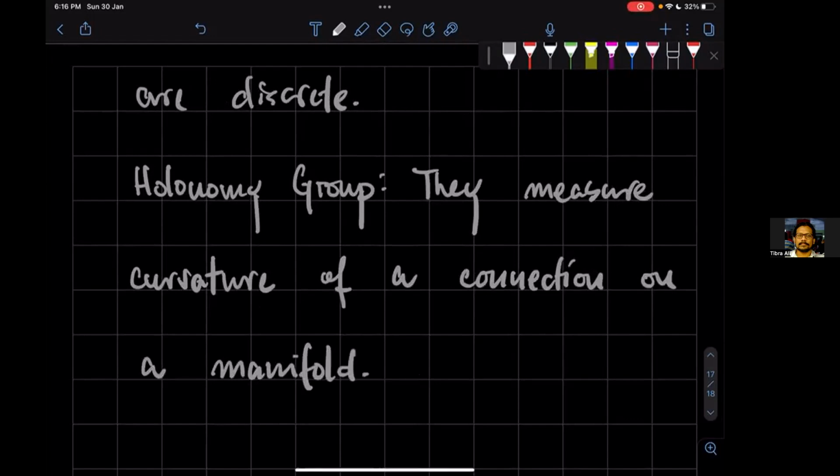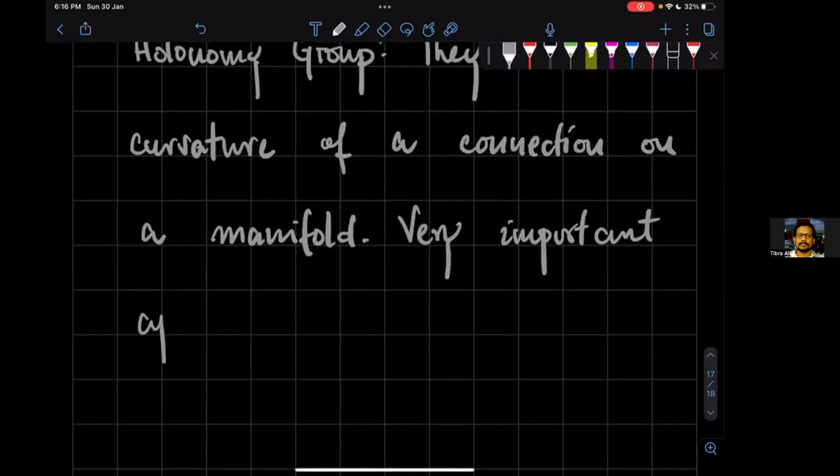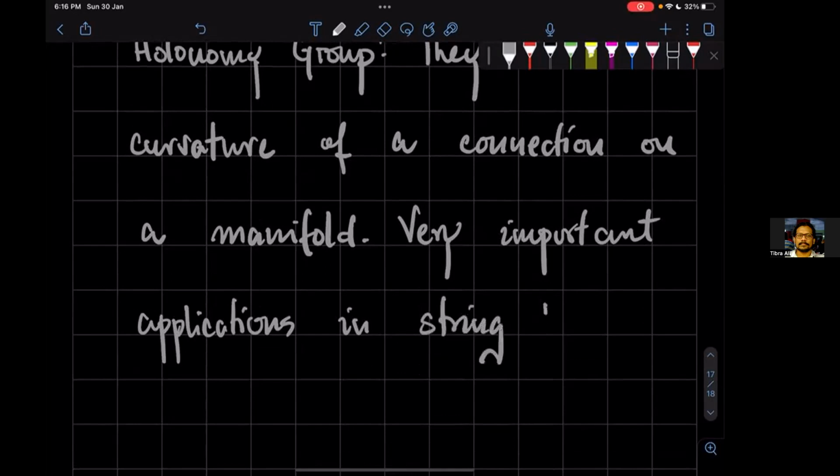Okay, so holonomy groups are important in understanding the curvature of manifolds. And they have very important applications in physics, especially in string theory. Okay.